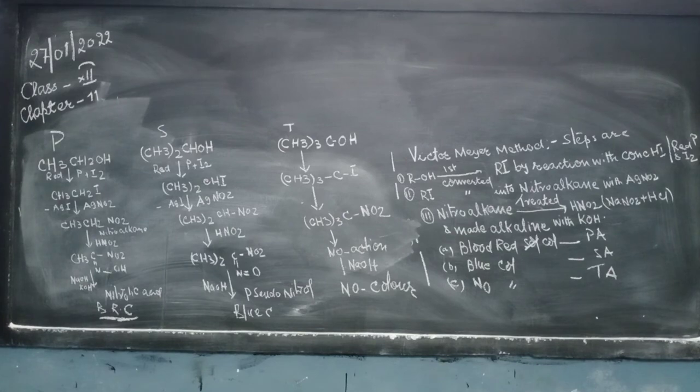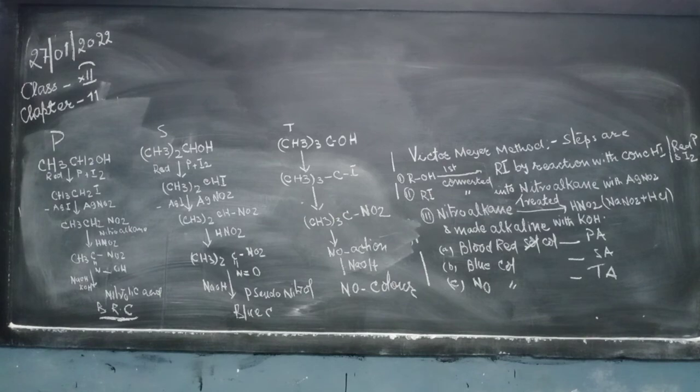The nitroalkane is treated with nitrous acid and the resultant solution is made alkaline. If blood red color appears, it is primary alcohol. Blood red color is due to the formation of nitric acid. If blue color appears, it is secondary alcohol. It is due to the formation of pseudonitrole. If there is no color, it is tertiary alcohol.